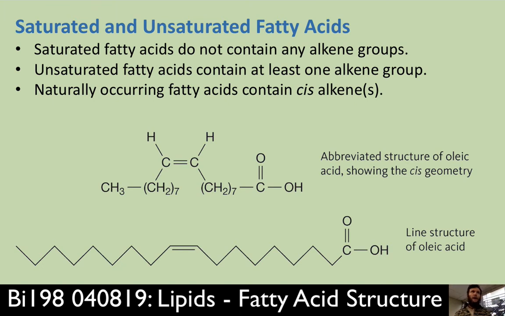And you can draw them in this sort of abbreviated structure here, where this subscript 7 just means that there are 7 CH2 groups in that chain, on both sides, for example. All right.